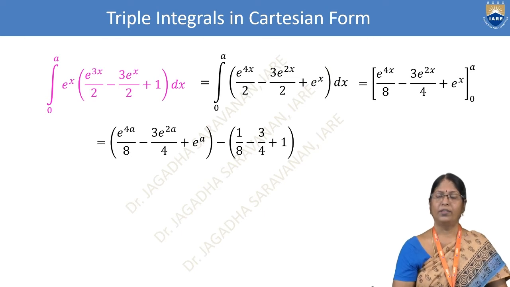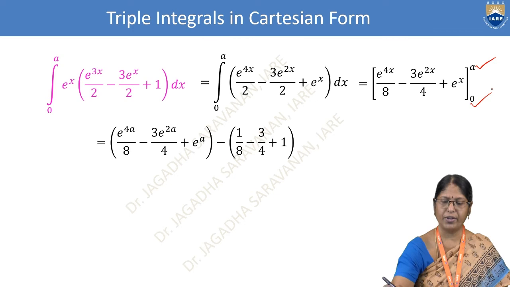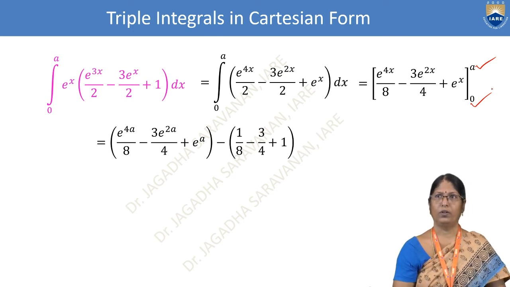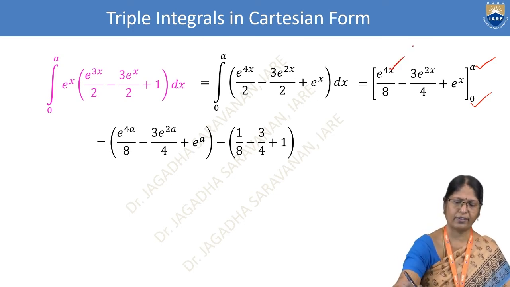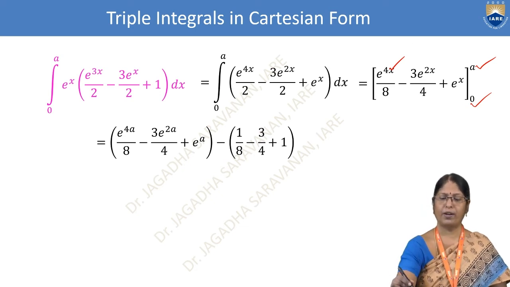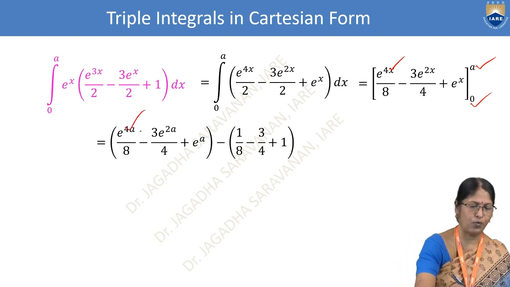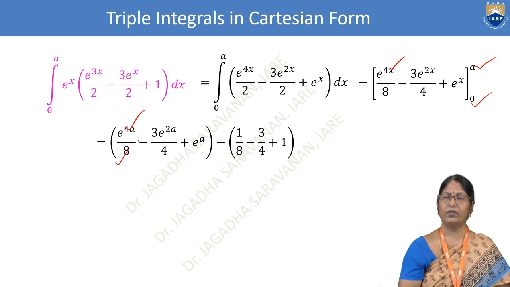So now the upper limit is a. The lower limit is 0. In the place of x, we are substituting the upper limit a. So it has now become e^(4a)/8.